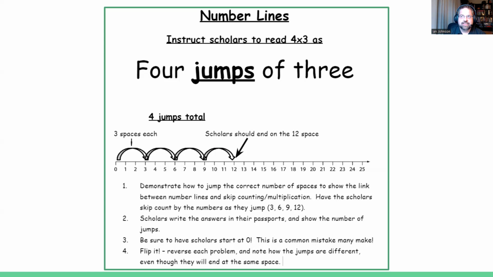This is a spot where a lot of scholars make mistakes, so be very careful about correcting how they're drawing each one. Make sure that each jump starts at 0 every time and then jumps to whatever they're counting by, 3, then 6, then 9, and so on. Be sure to check this one very carefully.